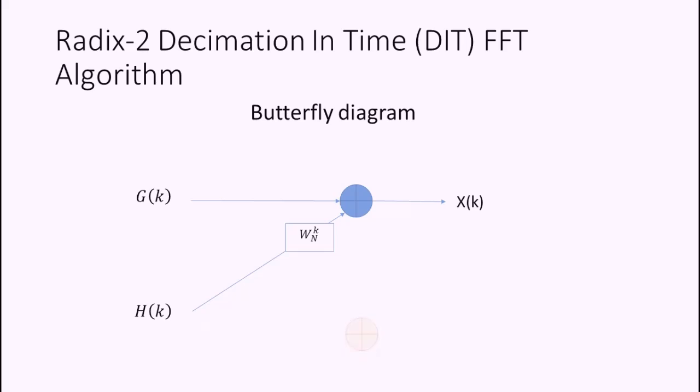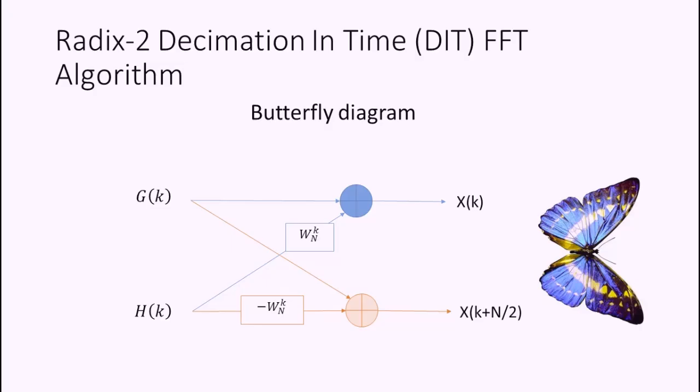Also for X[k + N/2], this is g[k] minus W_N^k times h[k]. This diagram looks like a butterfly. That's why we call this diagram a butterfly diagram.